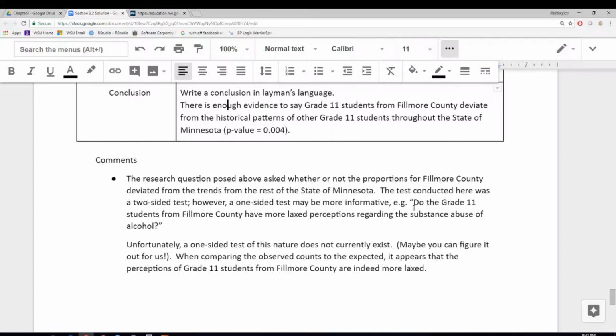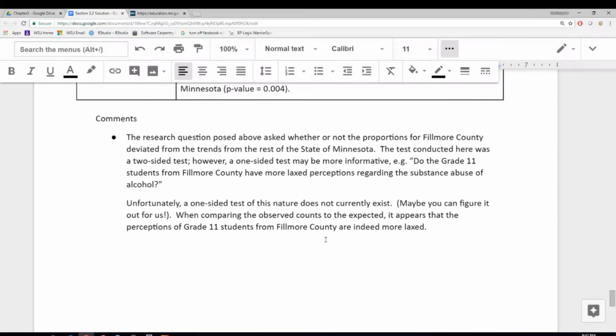In particular, a research question such as, do the grade 11 students from Fillmore County have more lax perceptions regarding substance abuse of alcohol? Well, that would be a one-sided test. Unfortunately, we cannot do a one-sided test of this nature. And in fact, one doesn't even exist. Maybe one of you will decide to be a statistics major and figure it out for us. If not, we're just going to have to live with the two-sided tests that we've described up above.